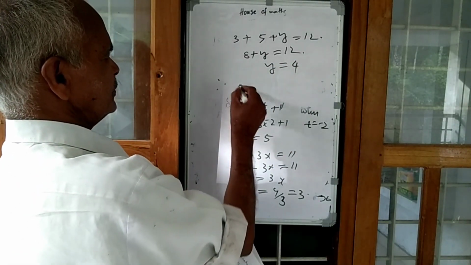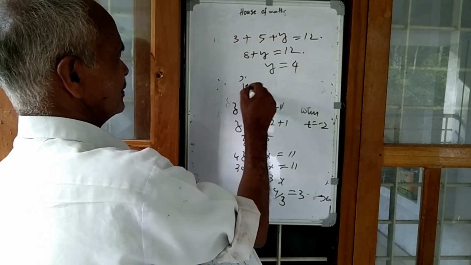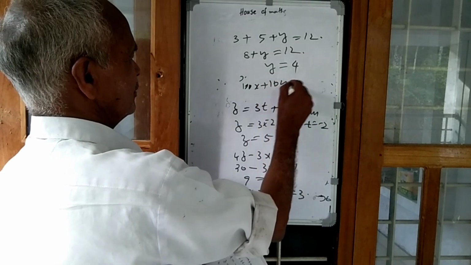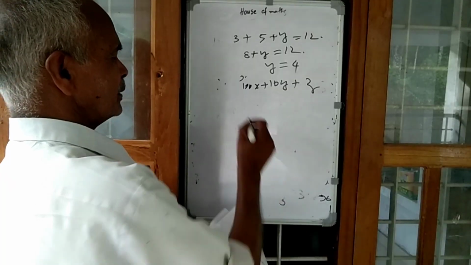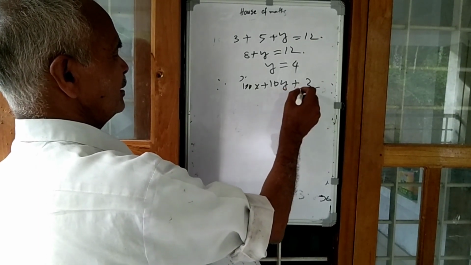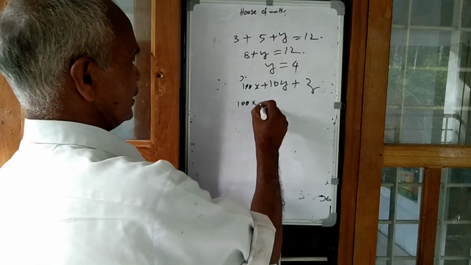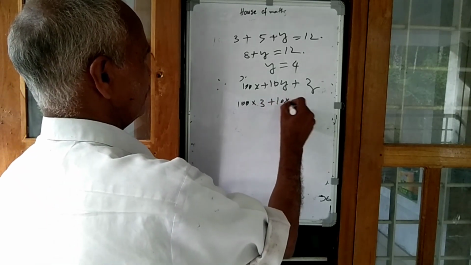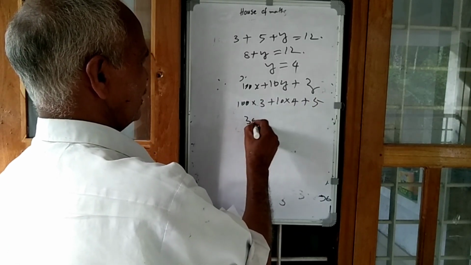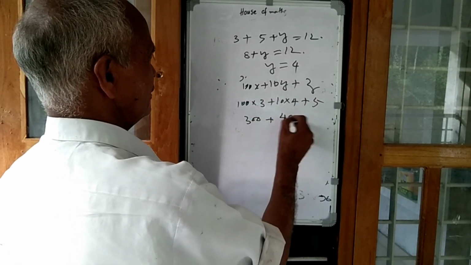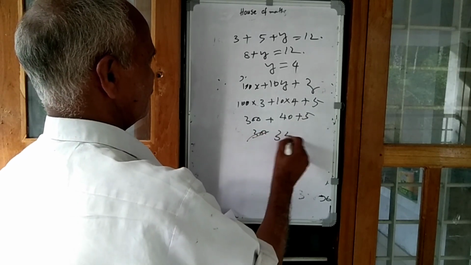Then the number is 100 into x plus 10 into y plus z. Therefore, the number is 100 into 3 plus 10 into 4 plus 5, that is 300 plus 40 plus 5, that is 345.